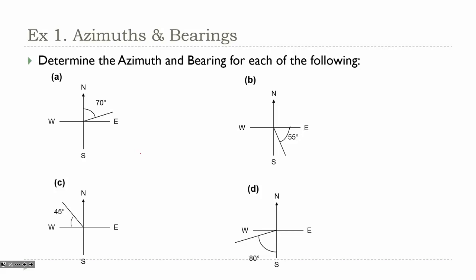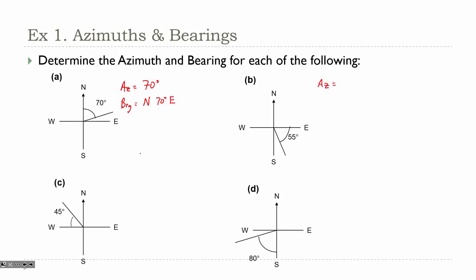So let's find the azimuth and bearing for each of the following. For A, what's the azimuth going to be equal to? 70, so it's directly equal to 70 degrees. What about its bearing? North 70 east. This one is measured from north, so you have 70 degrees east. What about B? Azimuth: 145.